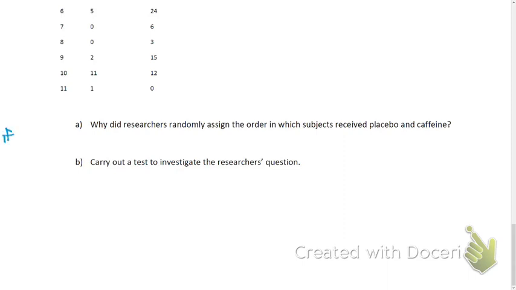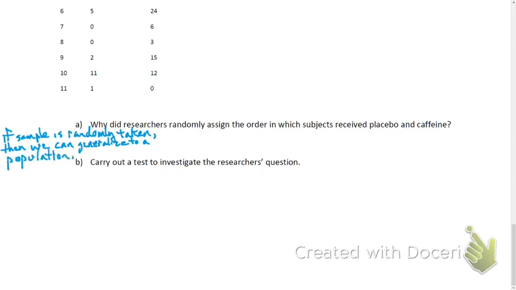If a sample is randomly taken, then we can generalize to a population.